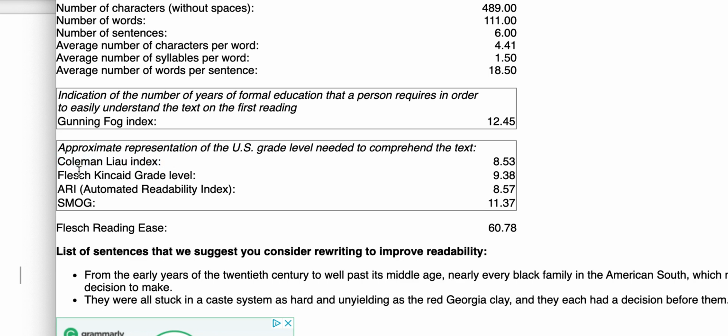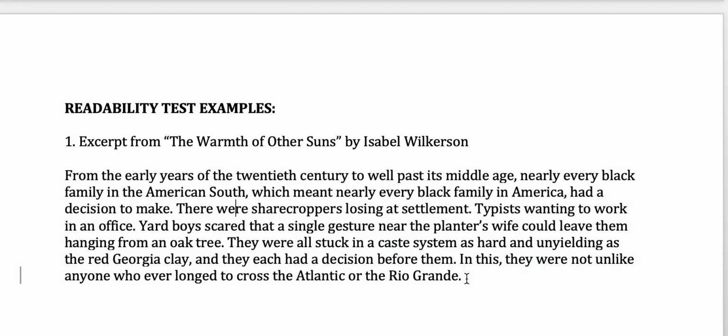One's called Coleman-Liau, the other one's FK or Flesch-Kincaid, ARI, SMOG, which is the standard measure of gobbledygook. You can see that the formulas produce different averages, but if you average these things out, you get the sense that this passage is appropriate for someone with about 9 years of education, kind of like ninth grade, meaning a high school freshman could understand this.